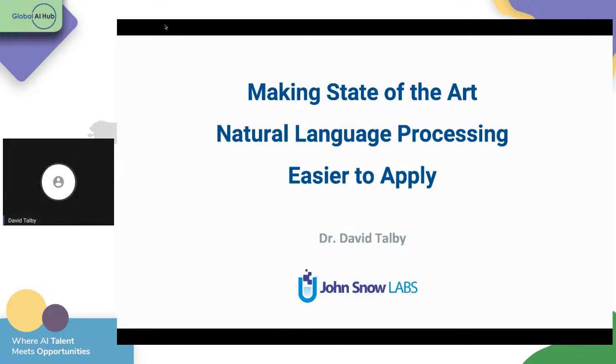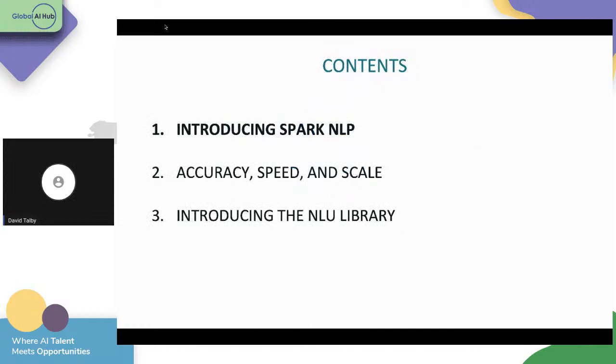Happy to be here. Please ask questions in the chat as we go along, and I'll do my best to answer during the talk. If not, you're always welcome to ask questions at the end. We are going to cover three things today. We're going to talk about where the Spark NLP library is now, at the end of 2020.